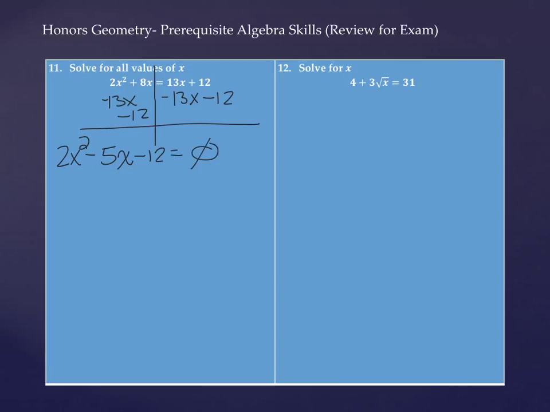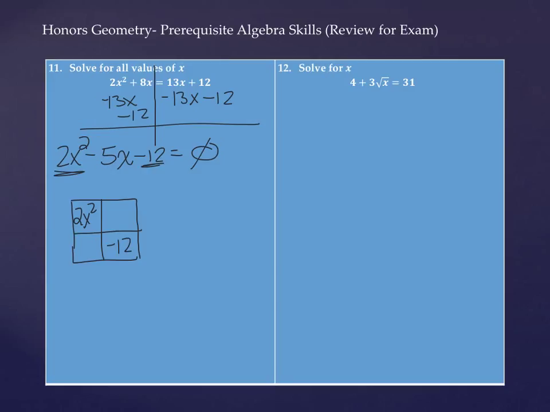All right, fair enough. Now let's try to use that box method that I did on another video. We know that this first term here, 2x squared, goes right in that box, and c goes right in that box. So our task is to try to figure out what two terms here combine to give us that negative 5x.